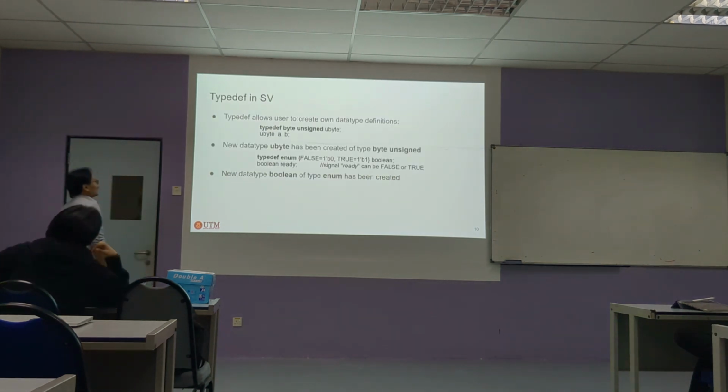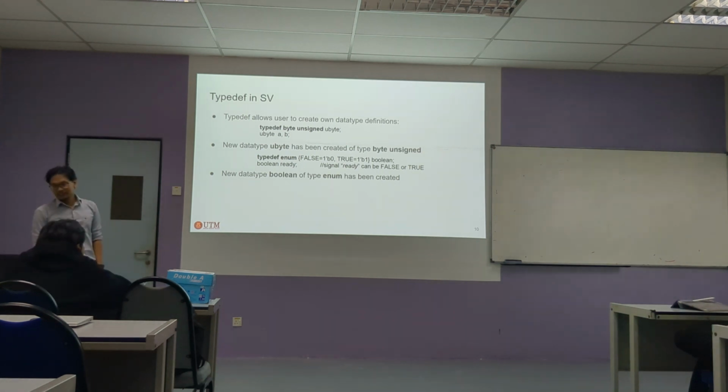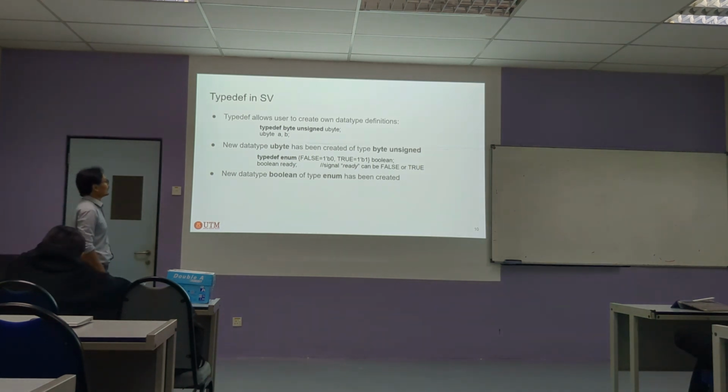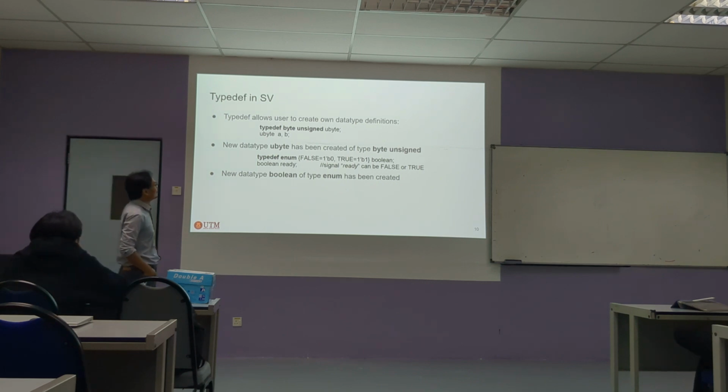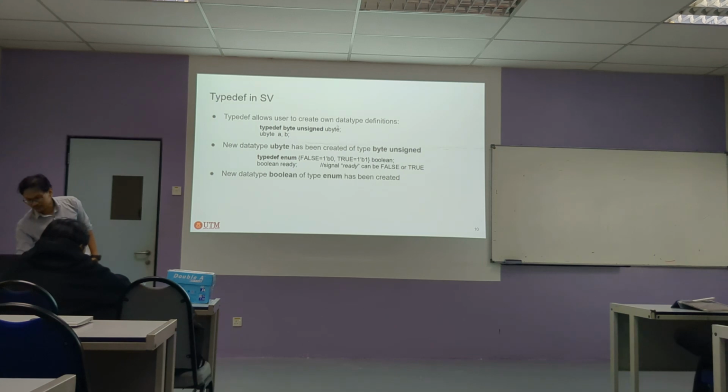Typedef is also interesting. Typedef allows the user to create your own data type definition. So, for example, here, you create a type ubyte. The ubyte is of type byte unsigned. So the new data type ubyte is created of type byte unsigned. So ubyte A, B: A here is byte unsigned.